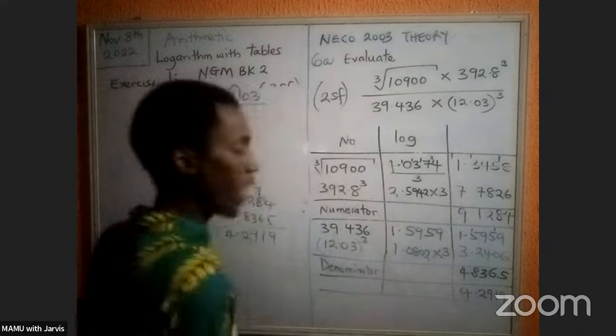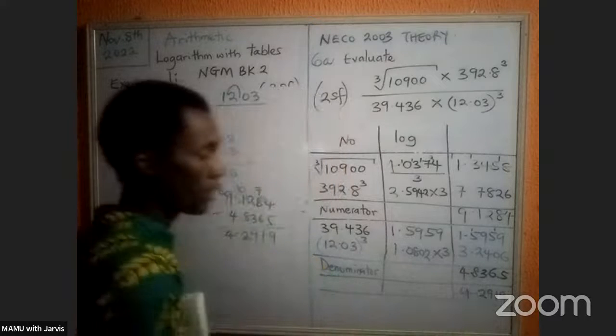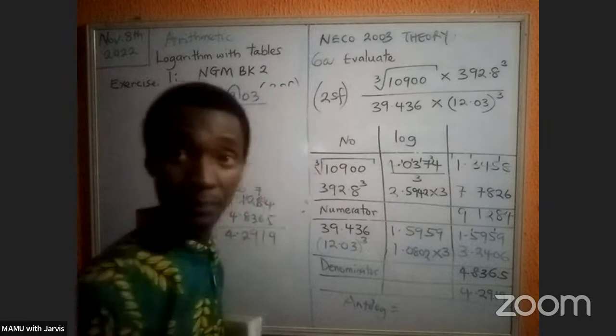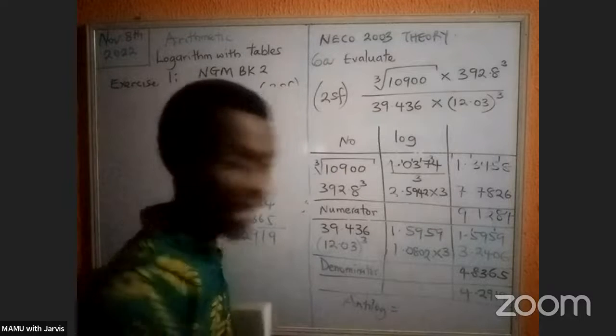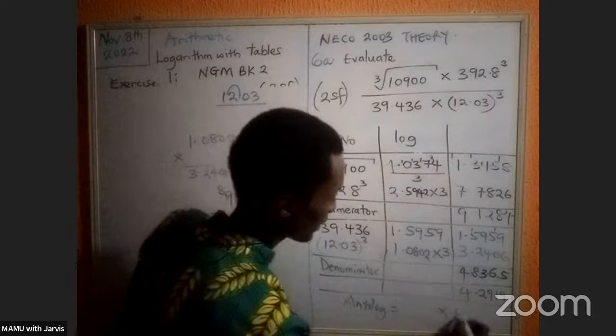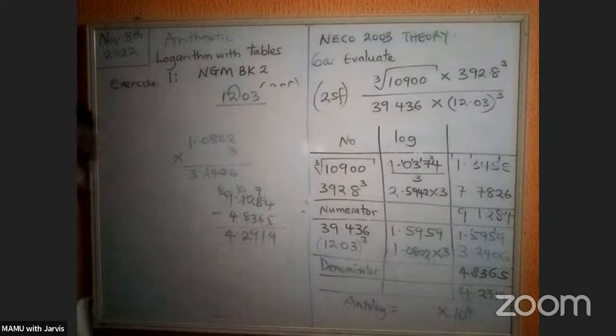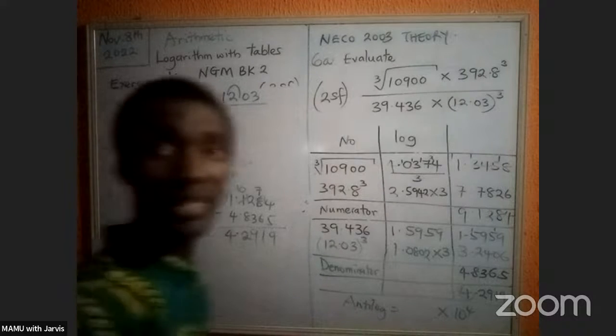So I'm going to write that one here. 4.2912. So I will go to my anti-log table because my anti-log here would imply whatever I get times 10 raised to the power of 4. This 4 is to 10 raised to the power of 4. So I'll go to my anti-log table and check what? 29 under 1. And the answer I will get in anti-log must be a unit decimal.